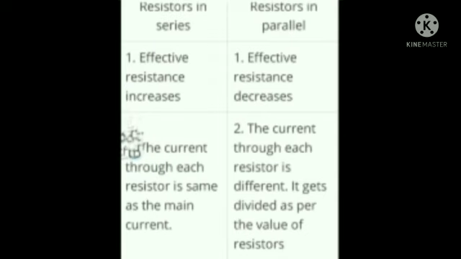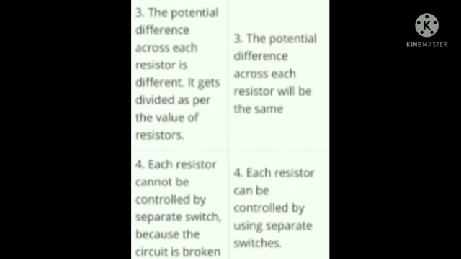Next one, the potential difference across each resistor is different in the case of series. That is, V is equal to V1 plus V2. It gets divided as per the values of resistors. But in the case of parallel, the potential difference across each resistor will be the same. Next difference is in the case of switch.